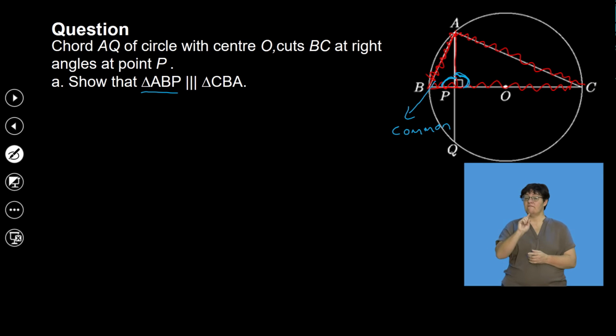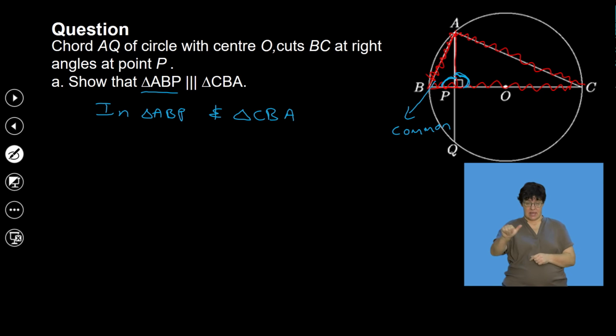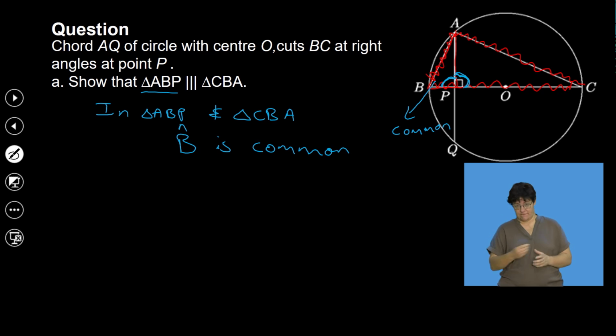So the very first thing I'm going to say: in triangle ABP and triangle CBA, the angle B is common. Both triangles have angle B. That's what angle B is common means.